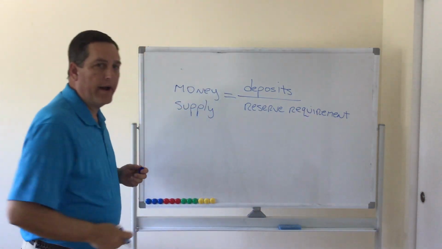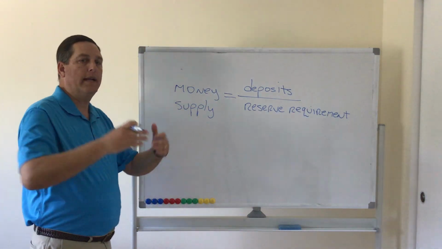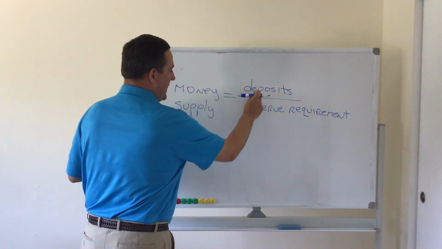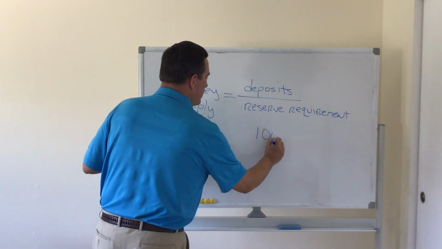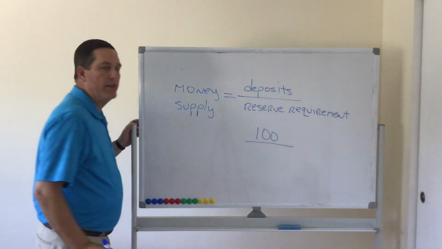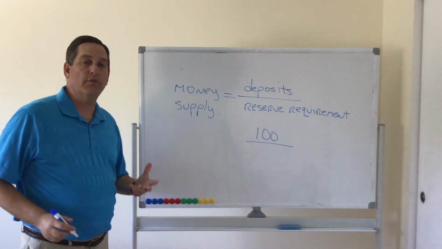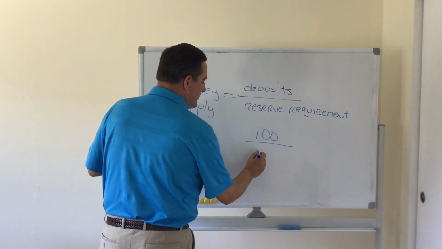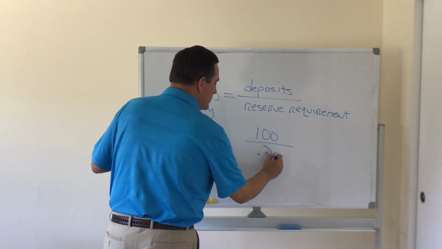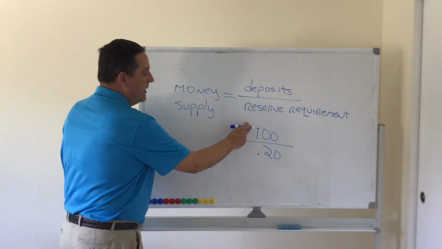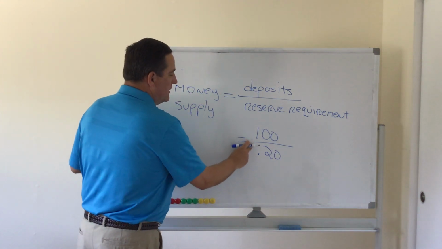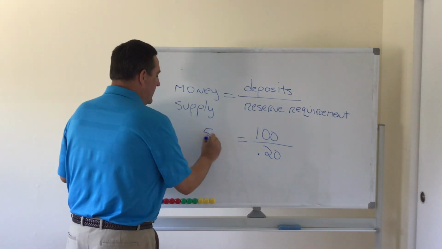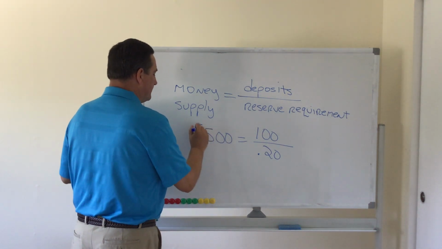In order to figure out how far the money supply can expand, take the deposits. In this case, you deposited $100 and you divide it by the reserve requirement. Our reserve requirement was 20%, but in order to write 20%, we write it as a decimal, 0.20. Well, $100 divided by 0.20 is going to grow all the way out to $500.